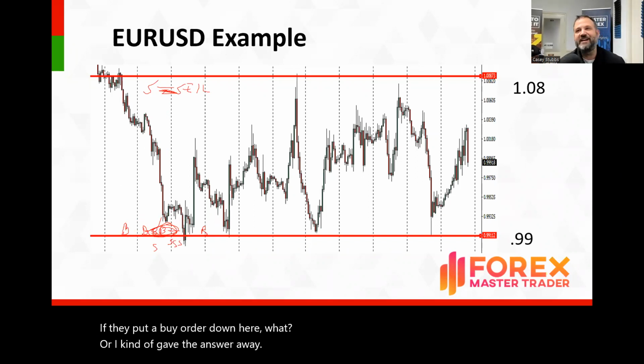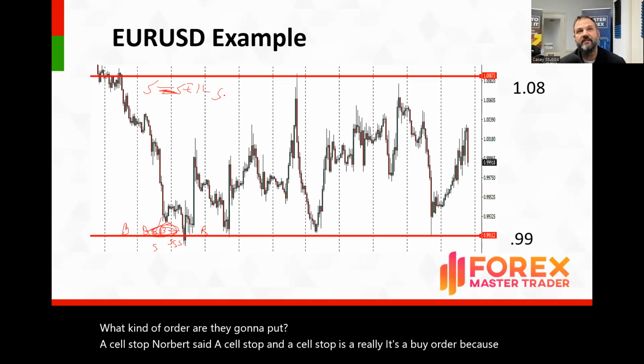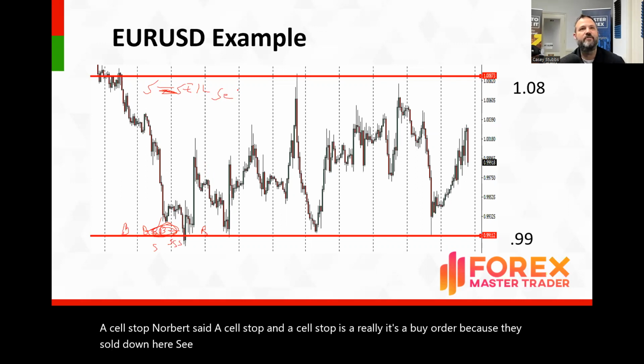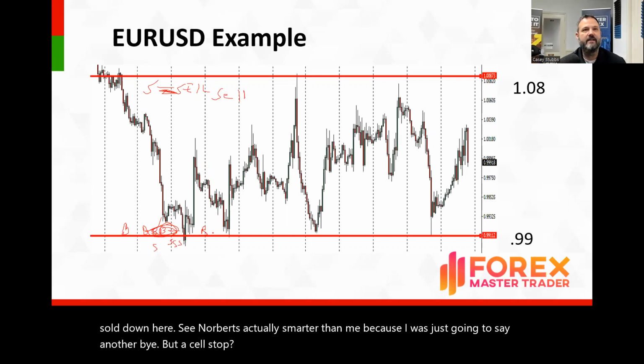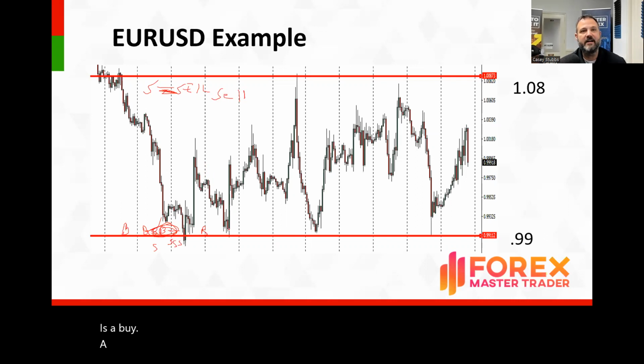What kind of order are they going to put? A sell stop. Norbert said a sell stop, and a sell stop is a buy order because they sold down here. See, Norbert's actually smarter than me because I was just going to say another buy. But a sell stop is a buy.